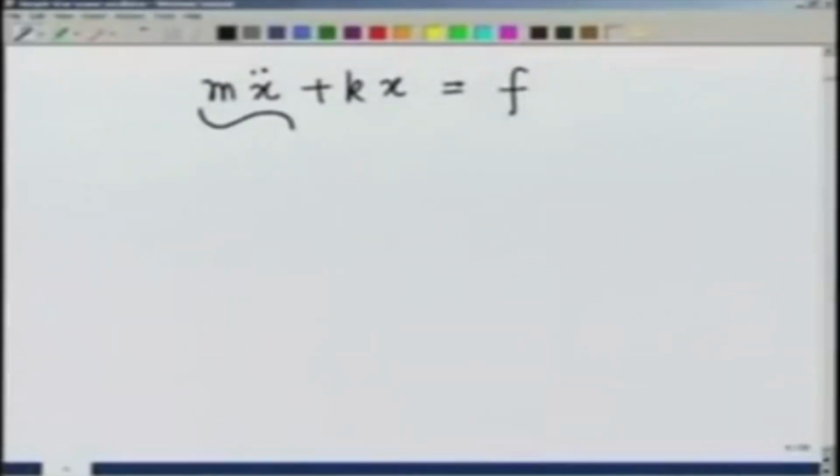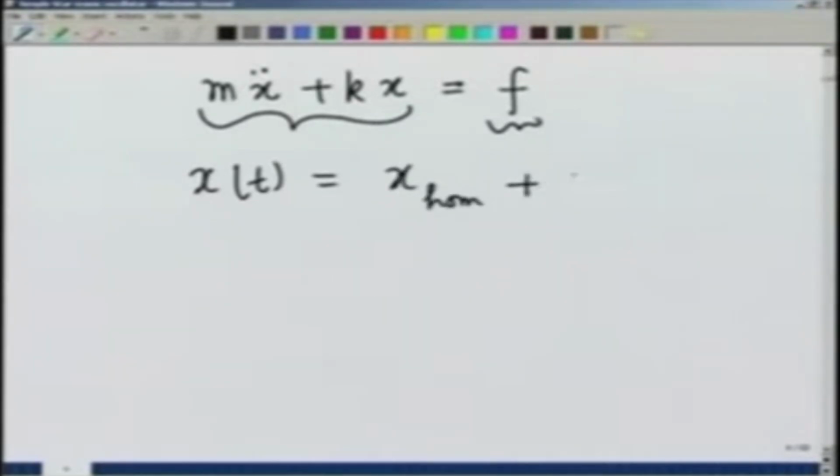So, the equation I have is m x double dot plus k x is equal to F, and we have seen this kind of equation in the past. This part is the homogeneous part of the equation and this part is the inhomogeneous part. Therefore, the general solution x(t) is going to be the sum of x homogeneous plus x particular due to the inhomogeneous part.